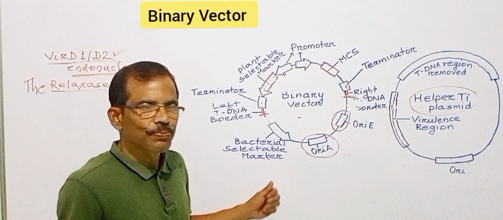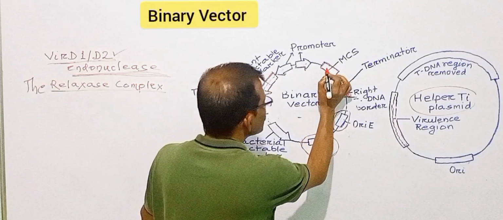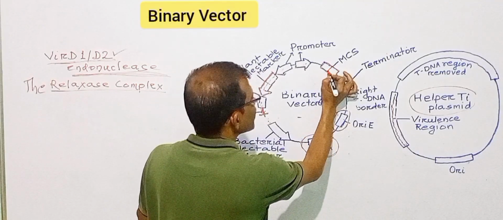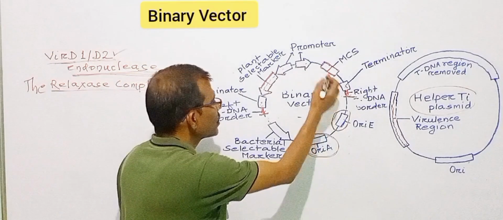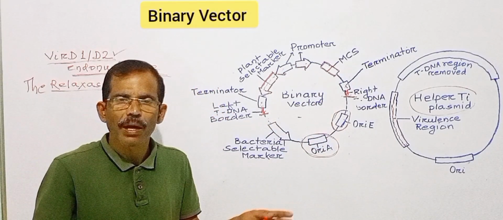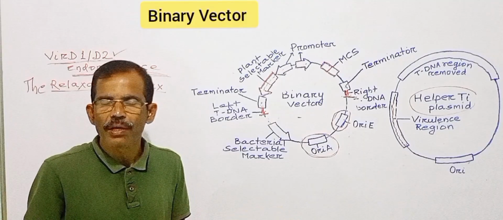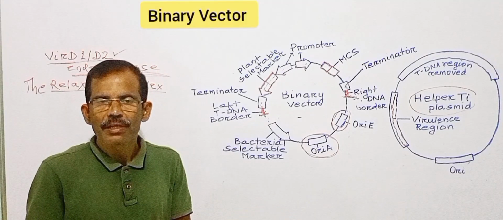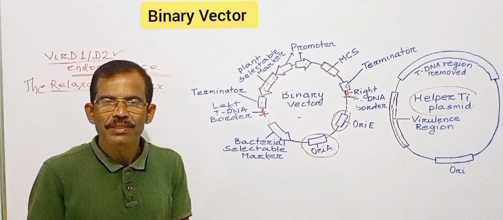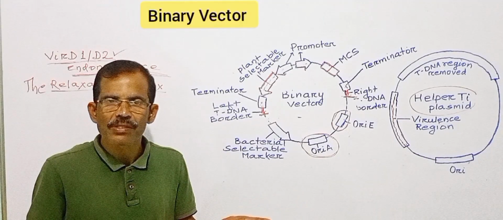For Agrobacterium-mediated gene transfer, the gene of interest is first placed in the multiple cloning site and then the resulting recombinant binary vector is rapidly amplified in E. coli. E. coli is selected because it grows rapidly and its genetics is well understood.